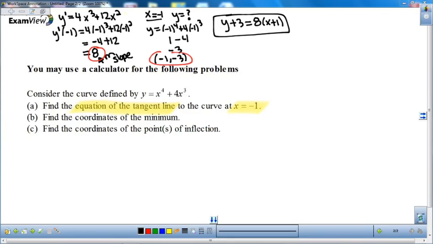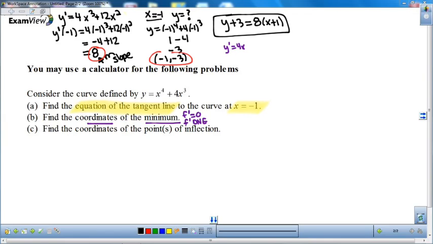Part B asked me to find the coordinates, so that's an x and y, of the minimum value. So to find the minimum value, I need to set the derivative equal to 0 or find where the derivative does not exist. Those are my critical points. So in part A, I already found what my derivative is.